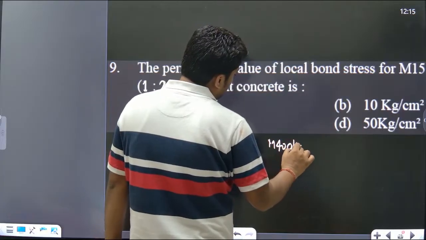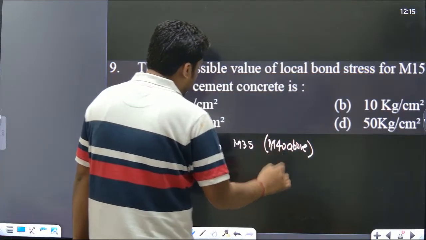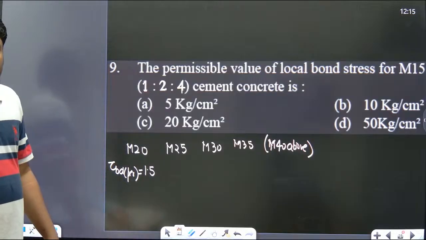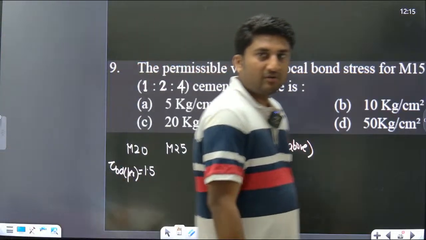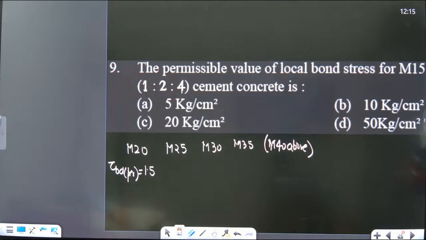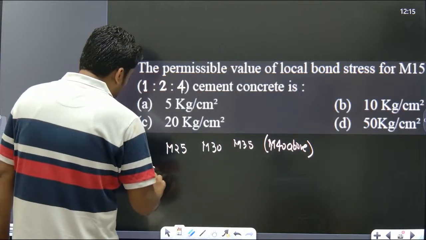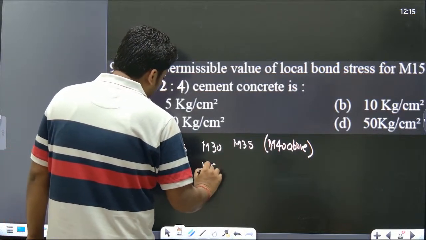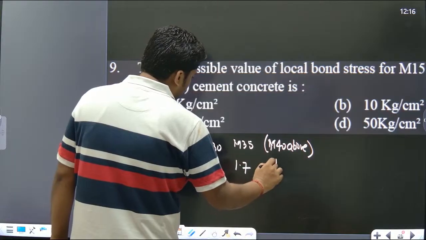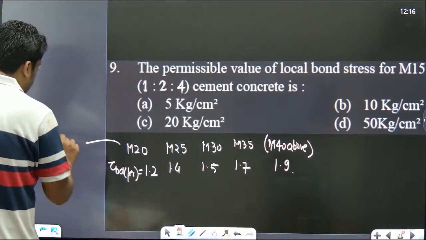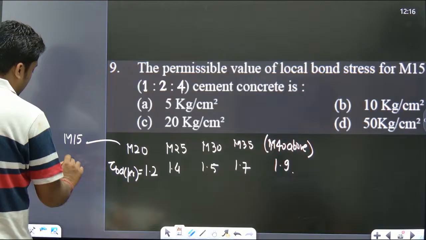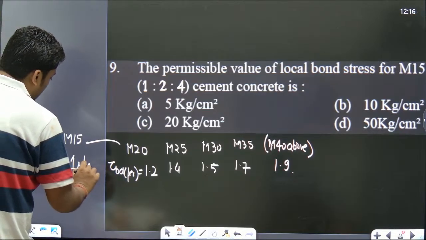The values are 1.2, 1.2, 1.4, 1.5, and then 1.7 and 1.9. So for M15, this value is 1 Newton per mm square.